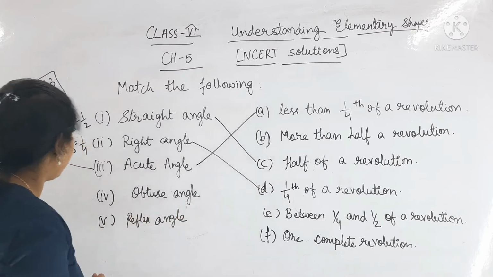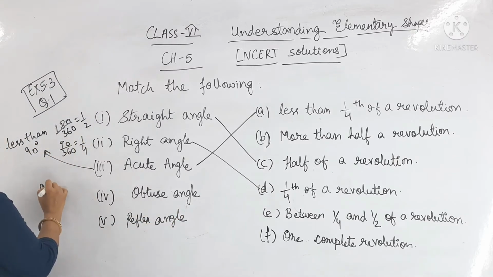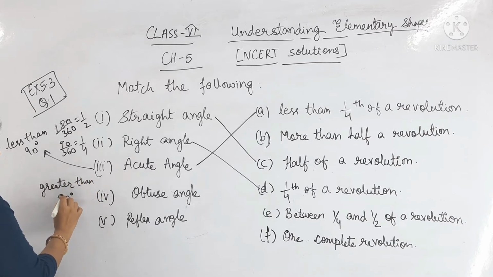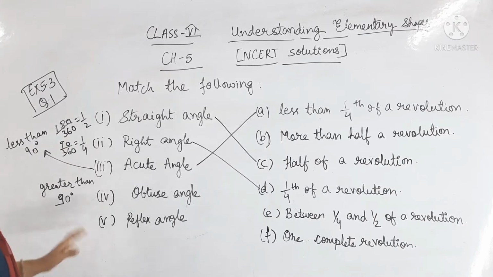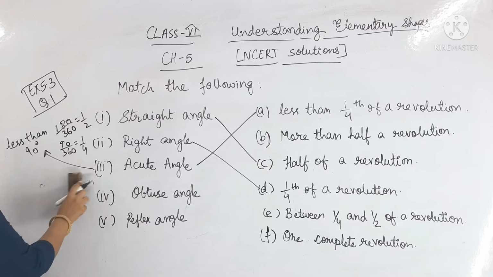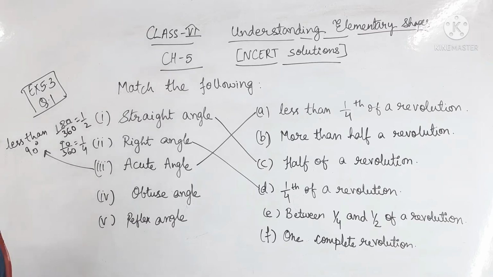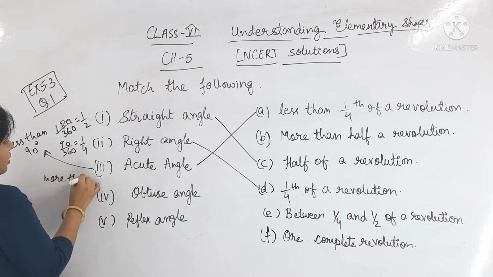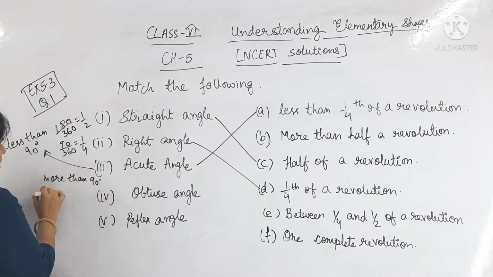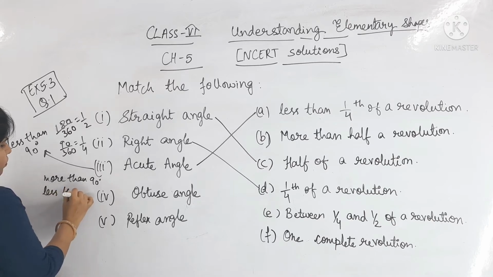Now obtuse angle is greater than 90 degree but it is less than 180 degree, means more than 90 degree and less than 180 degree.